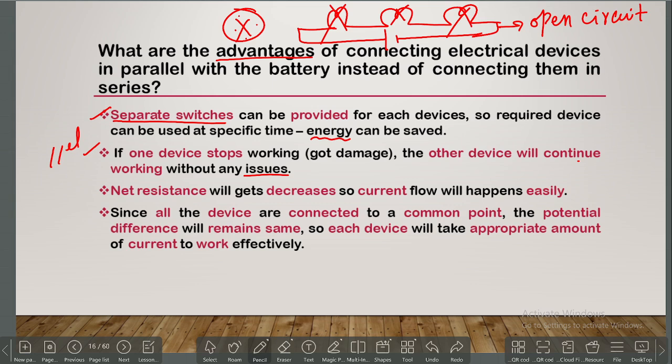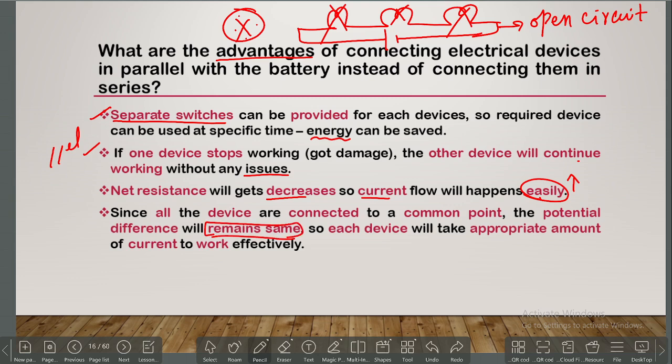And then third thing is that net resistance will get decreased. The net resistance will get decreased, so the current flow can happen easily. That means the current flow will get increased over there. And then since all the devices are connected to a common point, the potential difference is going to remain the same.